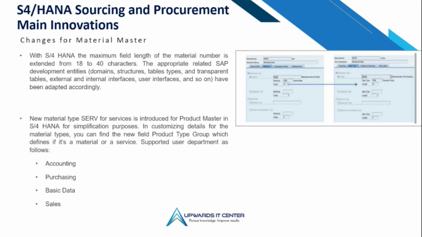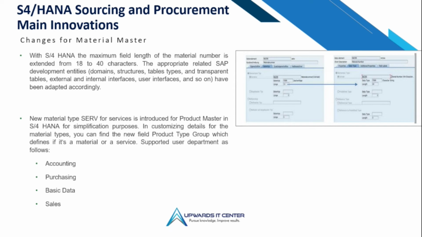You need to be aware, for example, if you use in some developments the material code to concatenate with another code, you need to review all your code to adapt for this new length of field of material number.